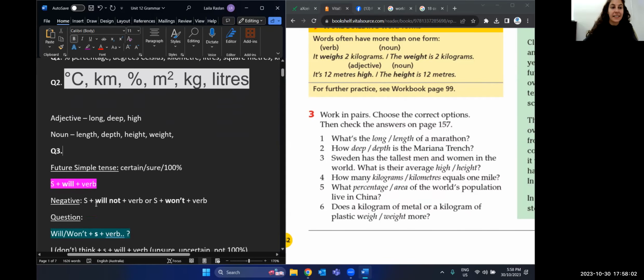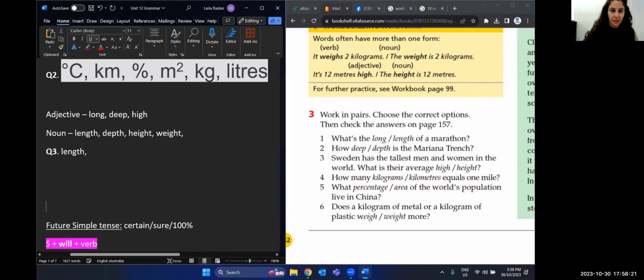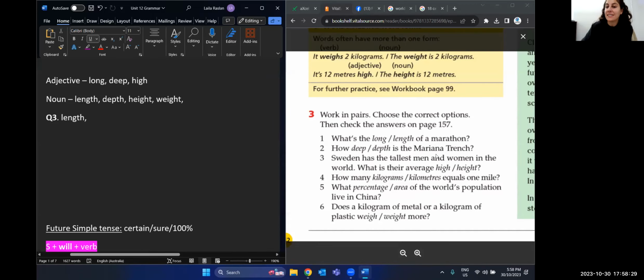So what's the length? How something is the Mariana Trench?